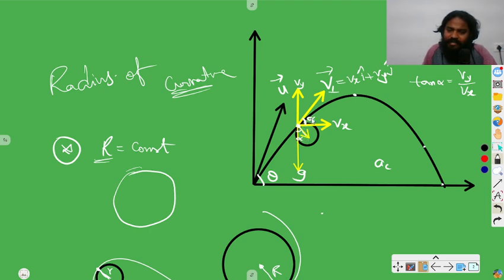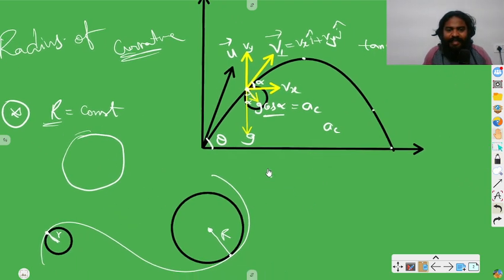Then I can take this component as g cos alpha, which is towards the center of this circle. That is why g cos alpha is called the centripetal acceleration.